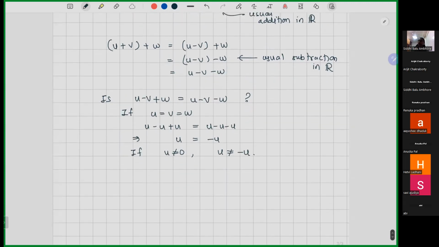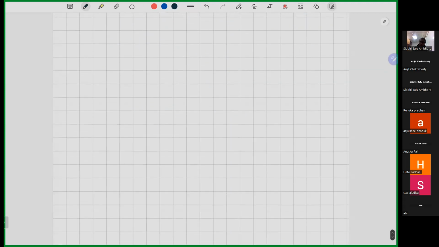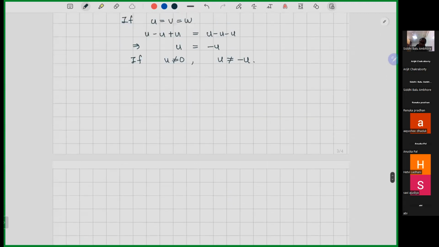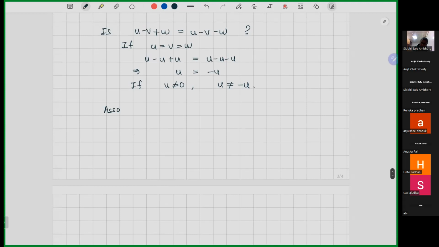So that's why again the associativity is not satisfied.